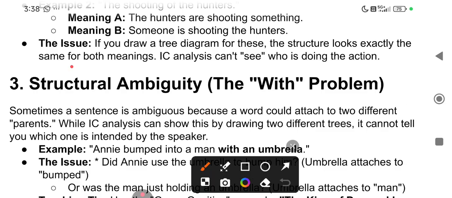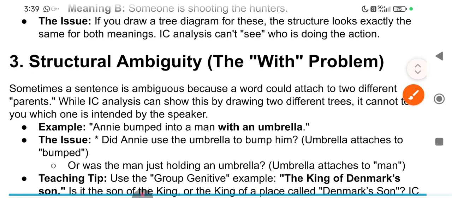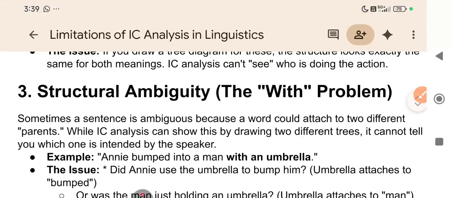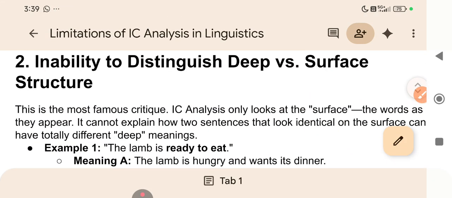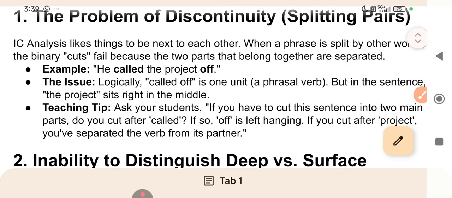So IC analysis cannot see who is doing the action. Here we have seen that IC analysis is incapable of distinguishing deep and surface structure, and cannot speak on the problem of discontinuity.